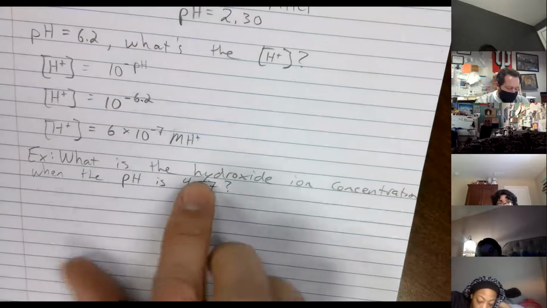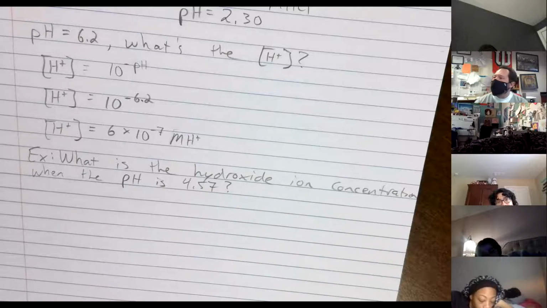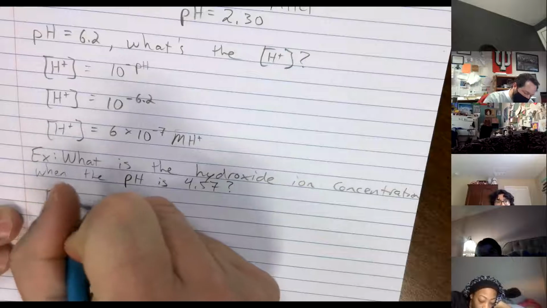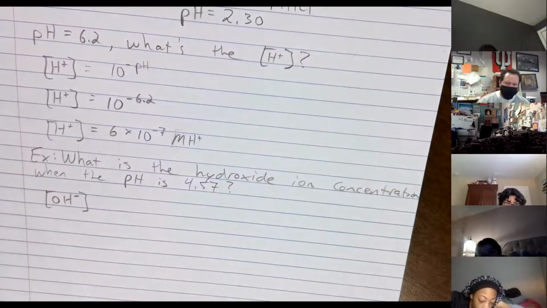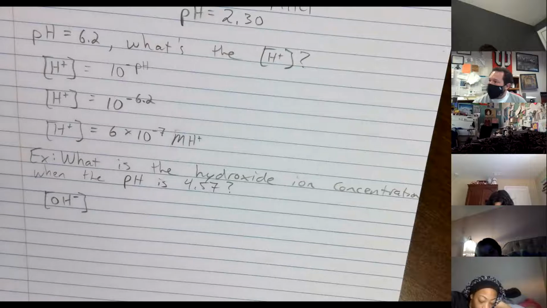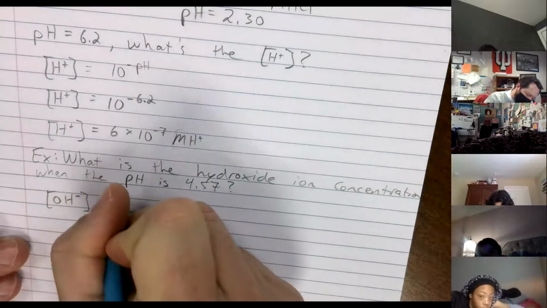They're asking for the hydroxide ion concentration. Hydroxide ion, that is the OH negative one. That's what we're looking for.